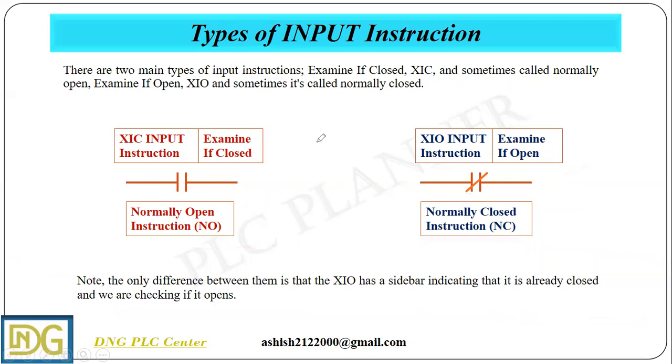When you add a normally closed instruction in your PLC program, it will be on in the initial state, because it has the mechanism of a turn-on condition without being energized.